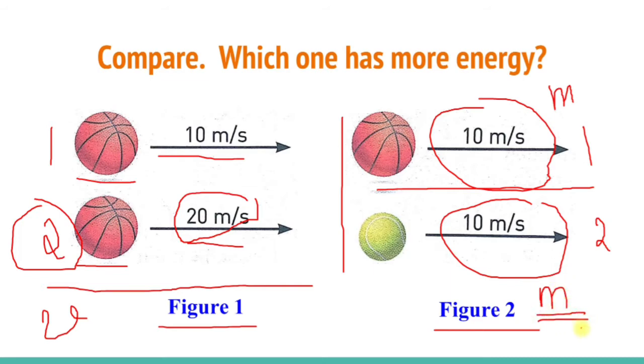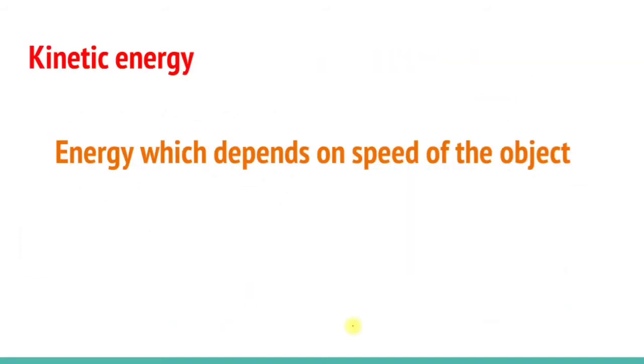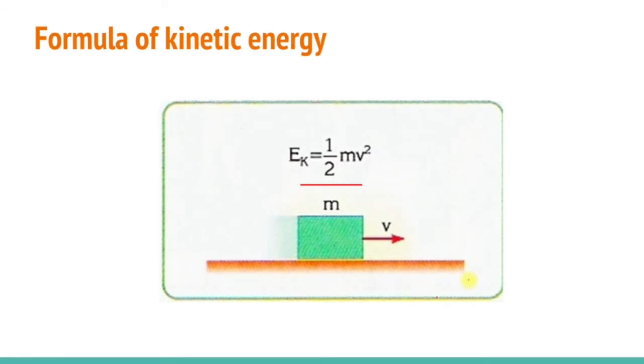Сол үшін масса. So, next is, this energy is called kinetic energy. Definition of kinetic energy: energy which depends on the speed of an object and the mass of the object is called kinetic energy. Next one is the formula of kinetic energy. Kinetic formulası.